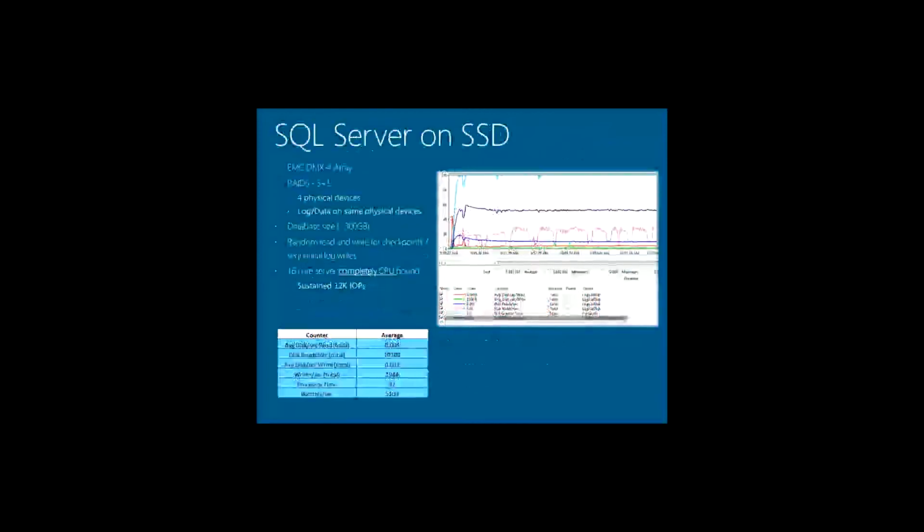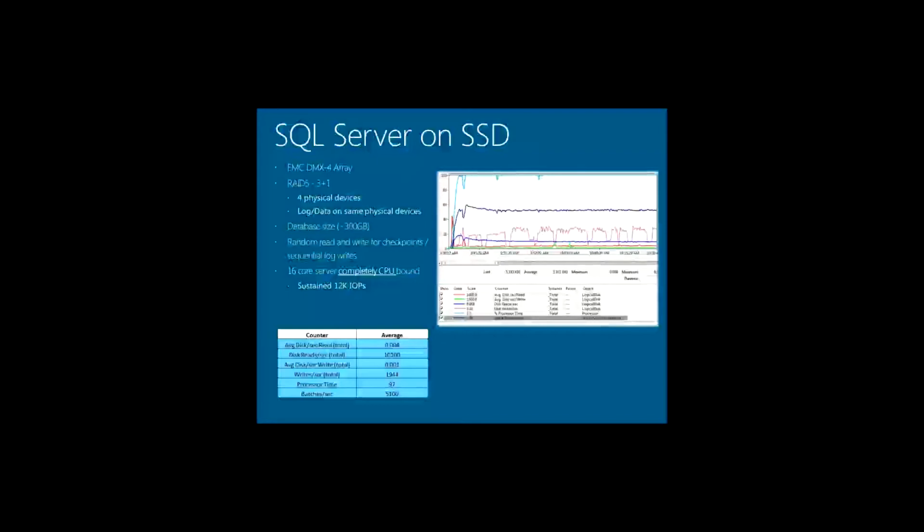A little bit about SSDs, just a quick comparison of SQL Server running on SSDs versus spinning media. This is a set of metrics that were done using an EMC DMX4 array. RAID 5, 3+1. This is looking at SSDs.